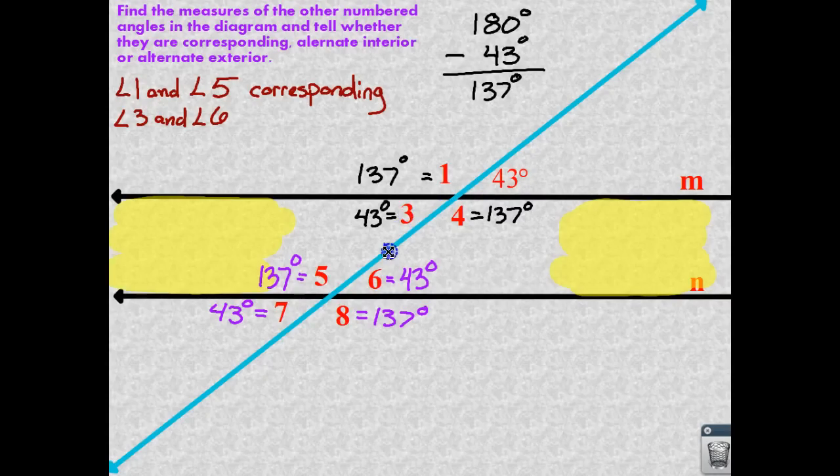Well, I know that they are on the interior of my parallel lines, so they are on opposite sides of the aqua blue line, so we call those alternating interior. All right, so again, there's going to be plenty more for you to find. I'd like you to write those down in your journal, and we'll talk about those other ones in class.